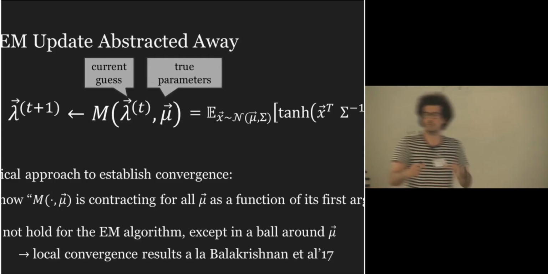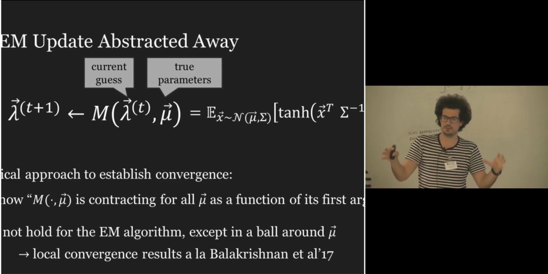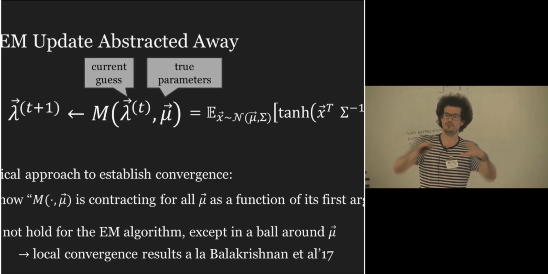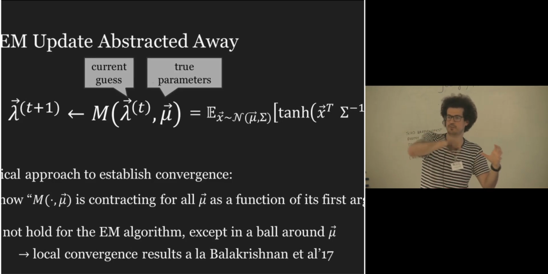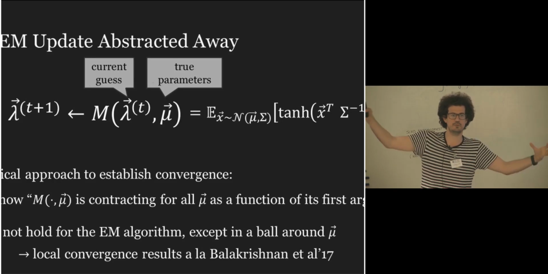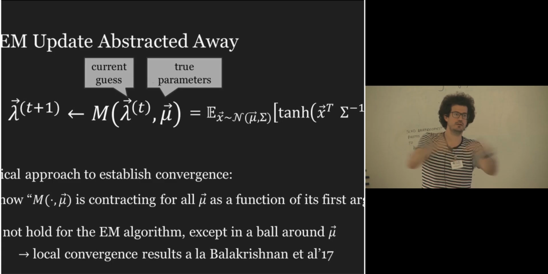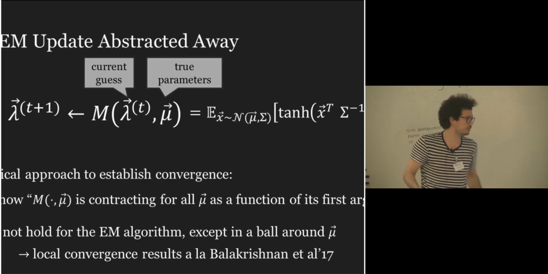The problem is that the EM algorithm is actually not contracting. It's not a contractive map, the iteration that EM does. It's only contracting close to the truth. Hence, we have a lot of local convergence guarantees for the EM algorithm, but we don't have any global convergence guarantees, just because it's really not contracting globally. It's contracting close to the truth.